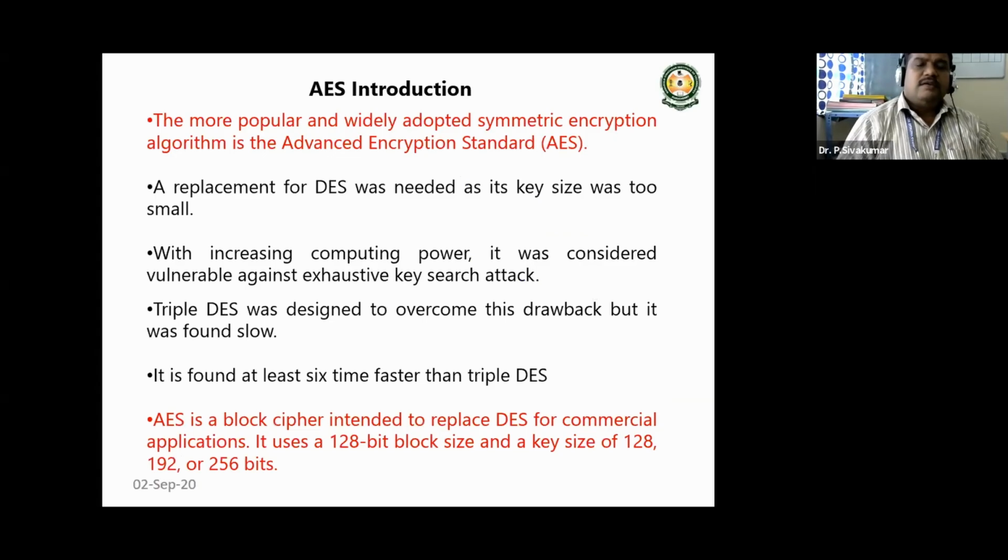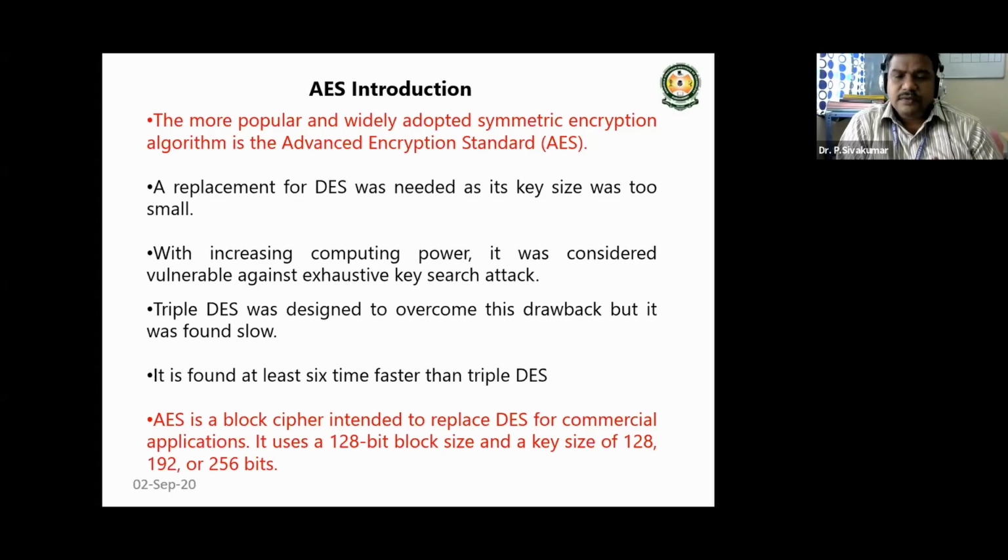Actually, in the AES algorithm, we take it in two parts. One part is the evaluation criteria part. That means the AES introduction and history of AES, and what parameters are used for the criteria evaluations. Another part is the AES cipher.